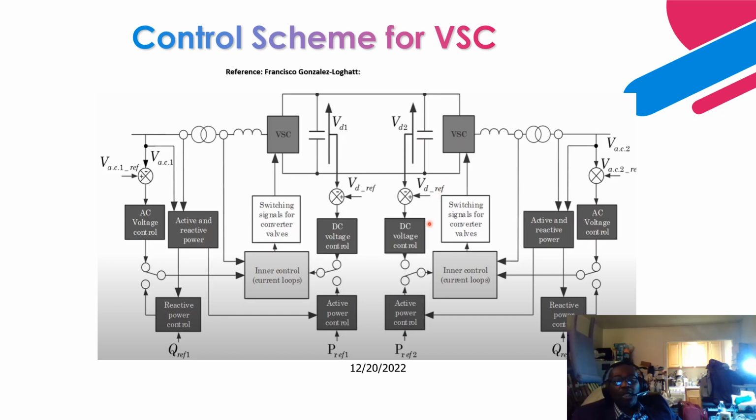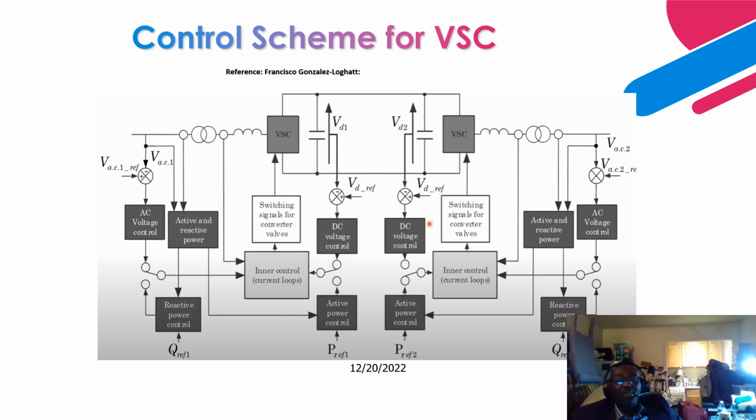Similarly, you have a reference point that is dispatched: a DC voltage reference point, active power reference point, and reactive power reference point. Based on that, the direct axis current reference point and the quadrature axis reference point are calculated. Here is your measured active and reactive power point and measured DC voltage point. From there, it calculates your ID current and your quadrature current.